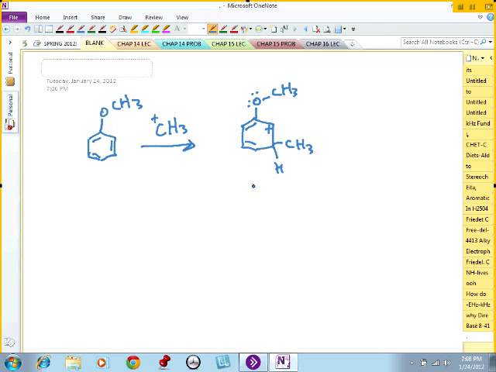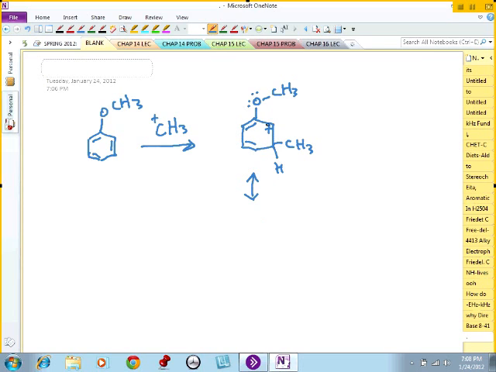I will tell you now, it's only going to be 3. Because no matter what you do, you will not be able to write resonance that involves the oxygen. Therefore, any group going to the meta position will not be as stable an intermediate as when it goes to the ortho and the para position.